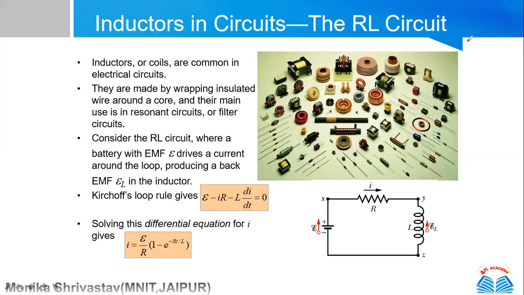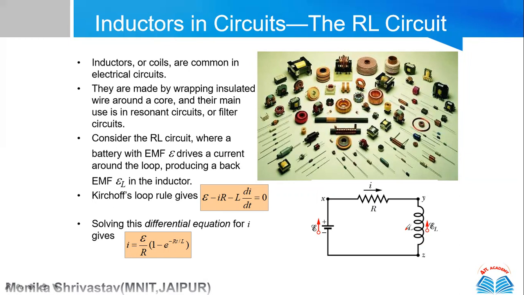Some common electrical circuit elements are inductors and coils. So consider one RL circuit having battery EMF E. This is R, meaning resistance, and this is L, meaning inductance. Any circuit having resistance and inductance is called an RL circuit.